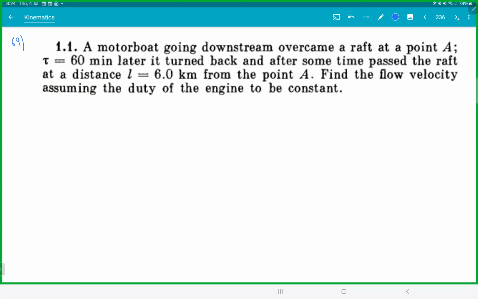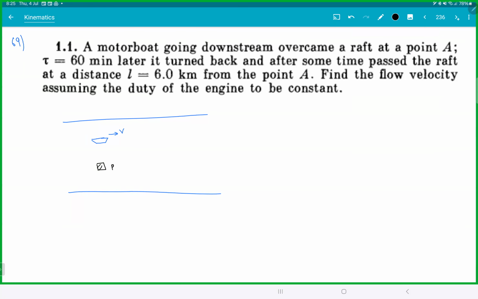I think we have one answer. Let's see what is happening with the scenario. I'll show you both in the ground frame and in the reverse frame, relative velocity. Now see the first thing: a motorboat is going downstream. When you say motorboat, it is a boat with an engine and all, so it can go with its own speed. Let's say the motorboat has some speed v, and here you dropped a raft.